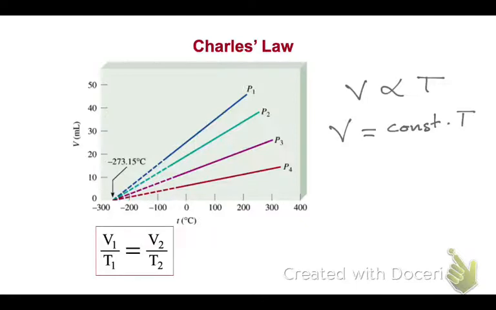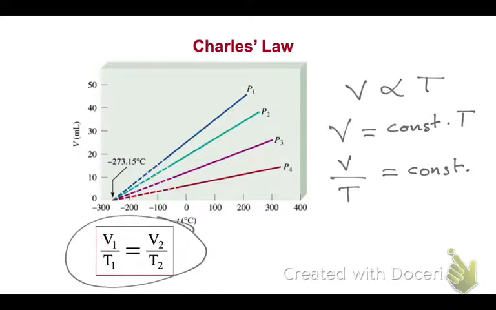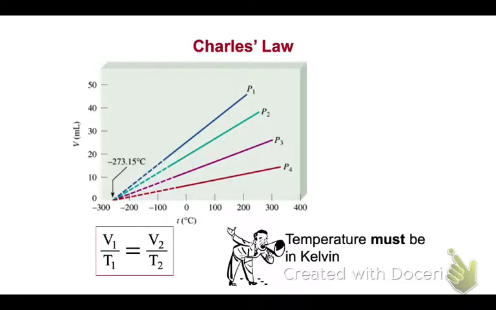If I want to put the constant on one side of the equation, that is V over T equals constant, and this is where the law comes from: V1 over T1 equals V2 over T2. Remember that temperature has to be expressed in Kelvin. So in this class, just add 273 to degrees Celsius, and that will take you to Kelvin.